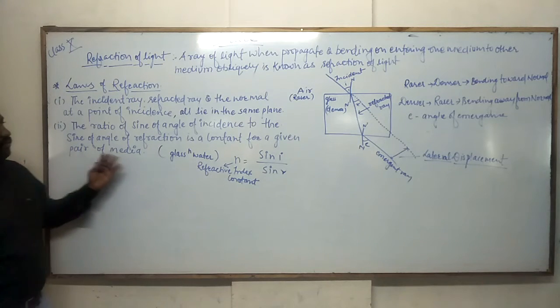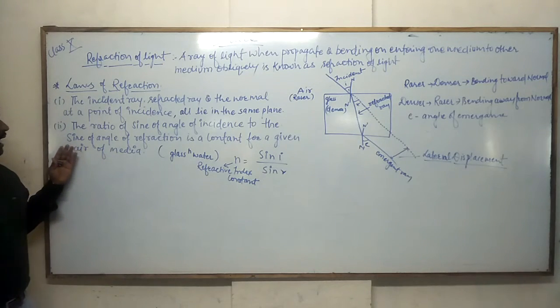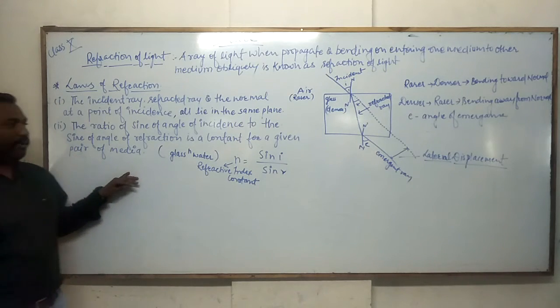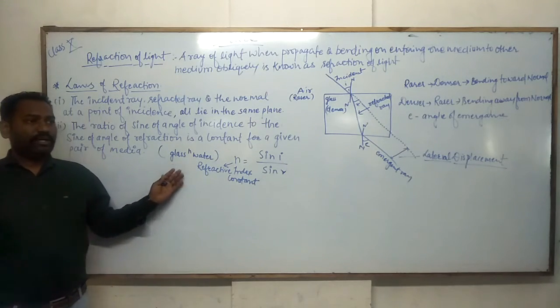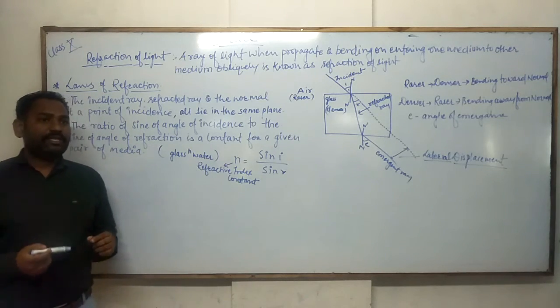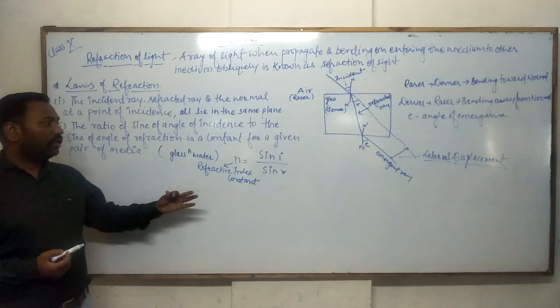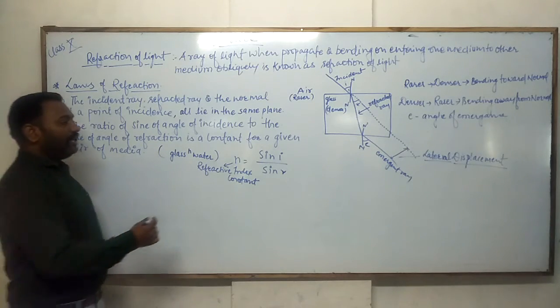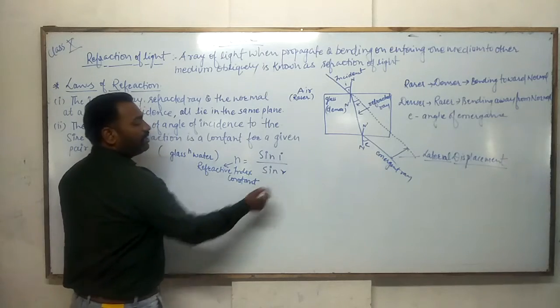The ratio of the sine of the angle of incidence to the sine of the angle of refraction is a constant for a given pair of media. It means if we have two media, like glass and water, the light may go from glass to water, water to glass, air to water, air to glass, anywhere, and there is a ratio sin i upon sin r.